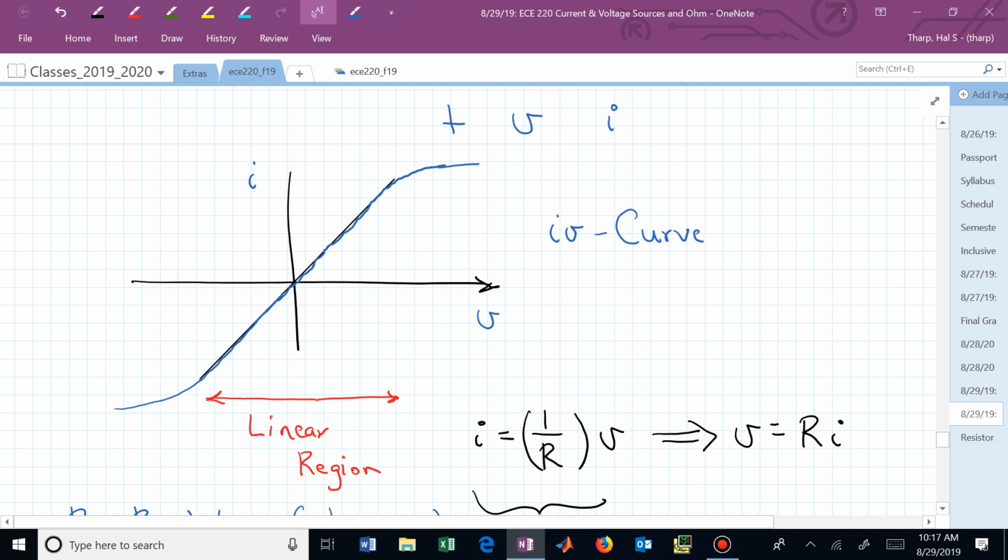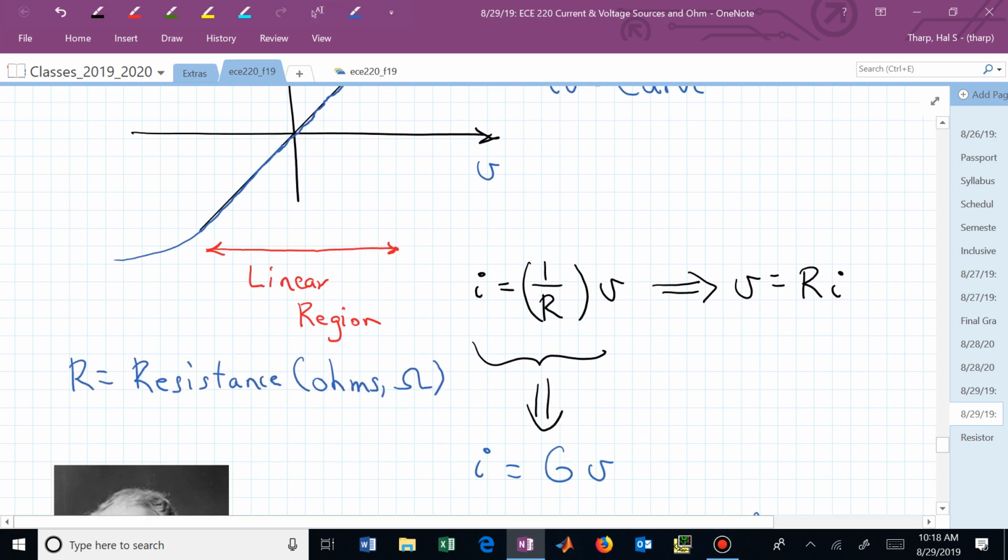Most of our resistors in this class only have a 1/4 watt power rating. If you expect that resistor to operate when you're pushing more than 1/4 of a watt through it in terms of what it's absorbing, then you're going to get into those curved portions of this curve, and so we want to restrict ourselves to this linear region.